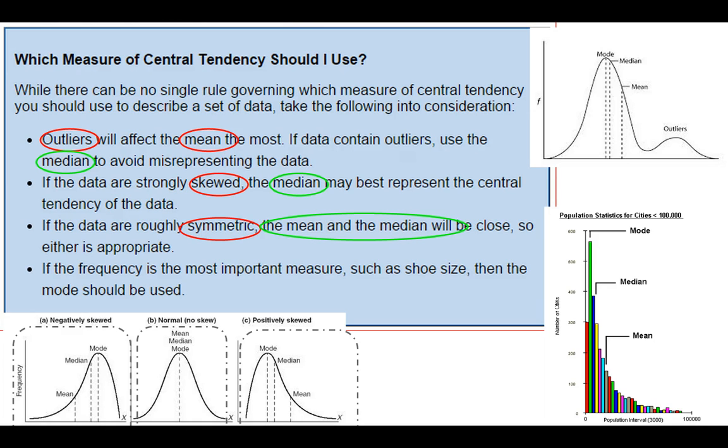So take a look at the population statistics for cities under 100,000. We've got here a nice frequency distribution of the size of cities and the number of cities. The size of the cities is on the x-axis, the number of cities on the y-axis. You'll notice that the most common size is quite small.